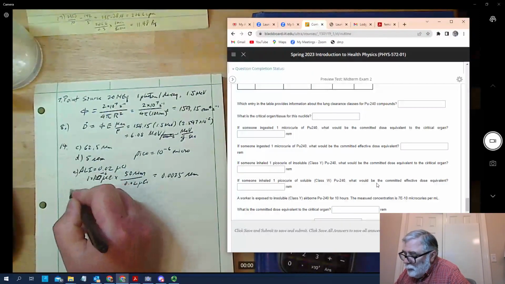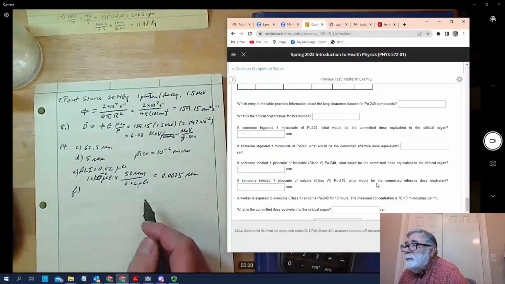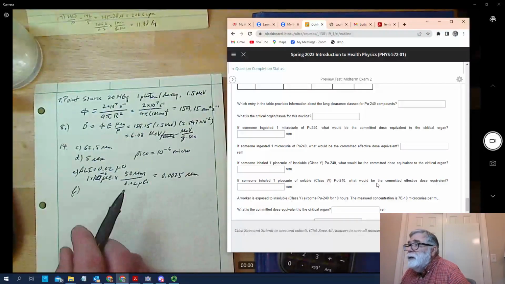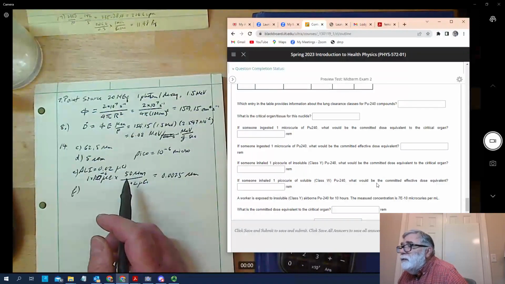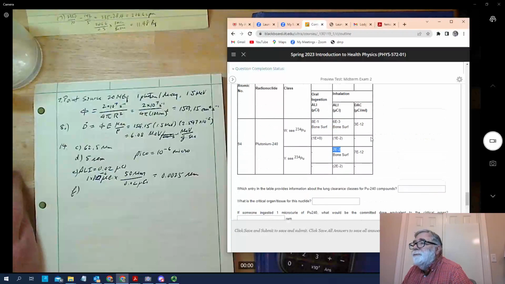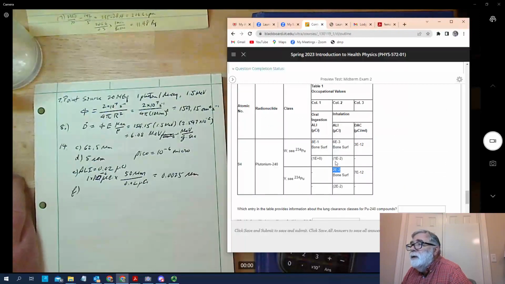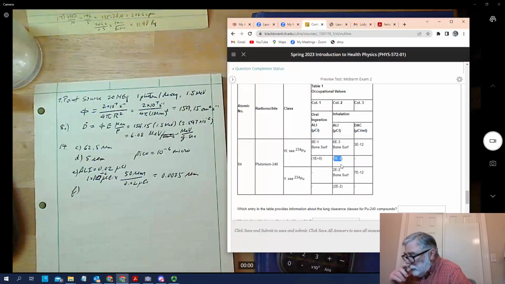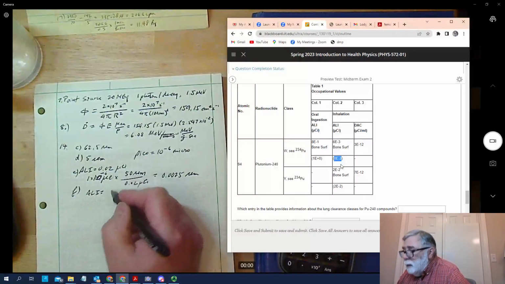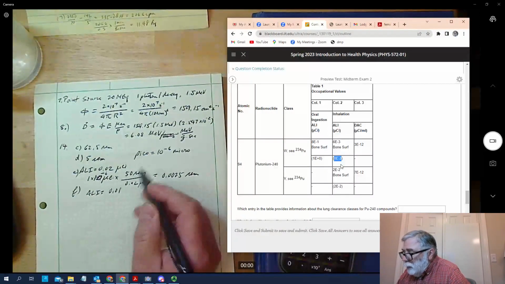So that was E. And part F is the same thing, 1 picocurie, class W, and this is the whole body committed effective dose equivalent. Because we're interested in the committed effective dose equivalent, not the organ dose, we use that. The ALI is 0.01.